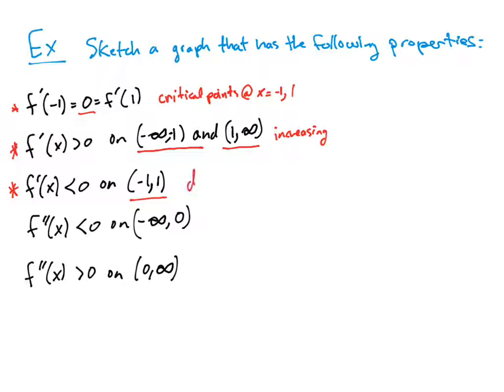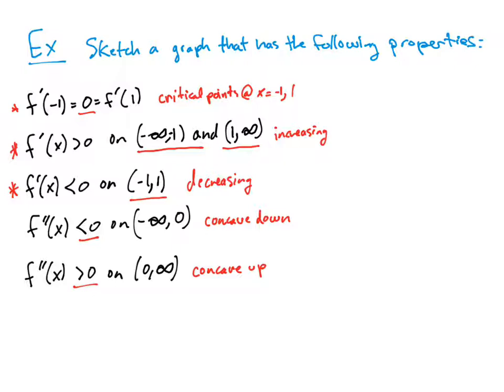This means the function is decreasing in this interval. And then looking at the second derivative tells us about concavity. So when the second derivative is negative, that means the function is concave down. And inversely, when the second derivative is positive, this means the function is concave up.